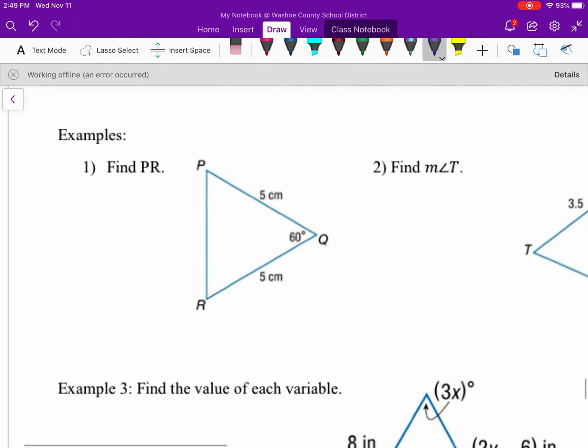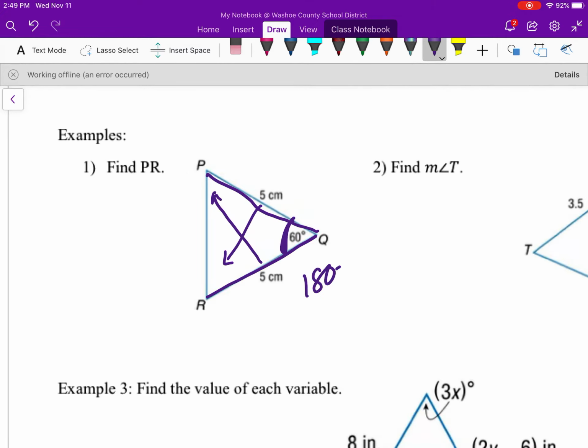Okay, so let's put this into practice. So here I have two sides that are congruent to each other, okay? And so at first I'm like, okay, well, they are 5 and 5, which means the opposite angles are going to be congruent, okay?